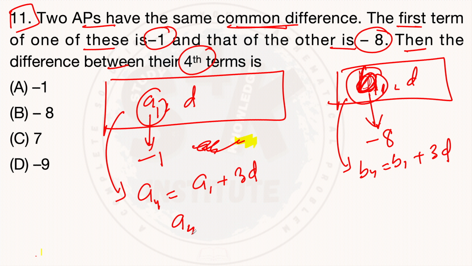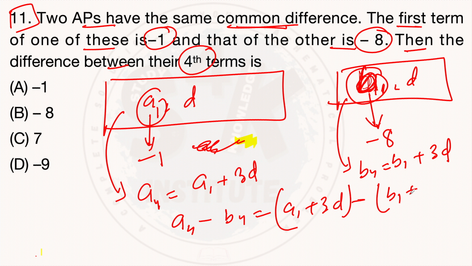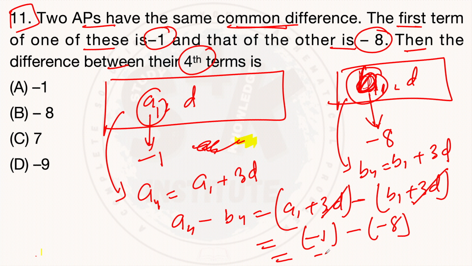So A4 minus B4 will be A1 plus 3D minus (B1 plus 3D). On both sides we have 3D, and 3D and 3D will get cancelled. So it is minus 1 minus of minus 8, that will give you minus 1 plus 8, which gives you plus 7. So we do have the option 7. So the answer is C. Okay.